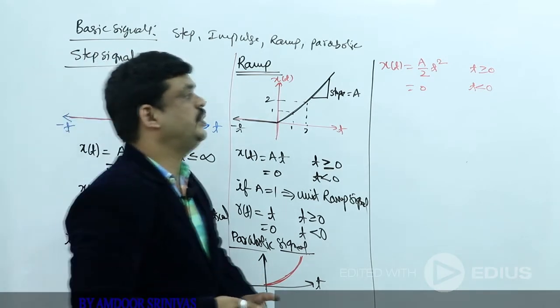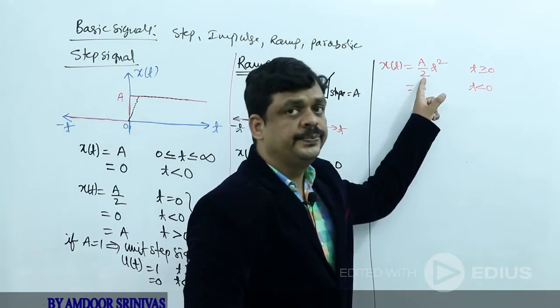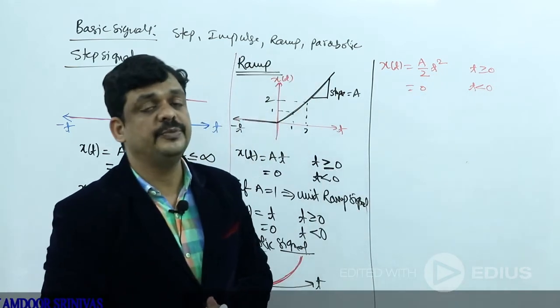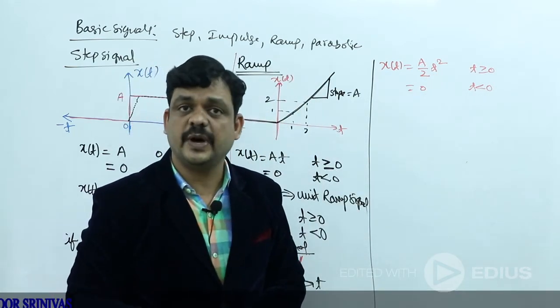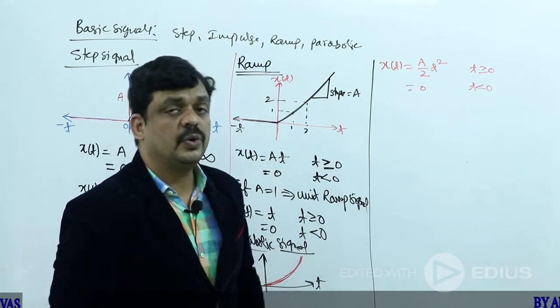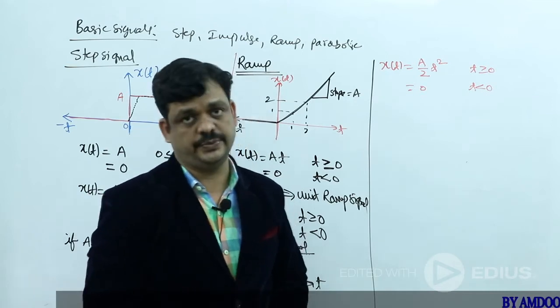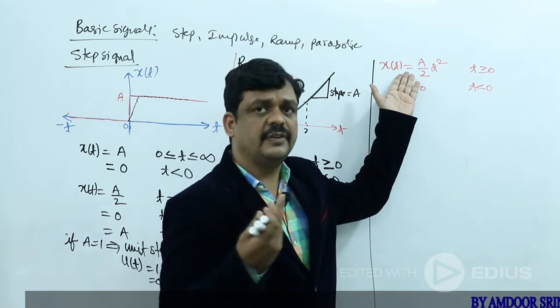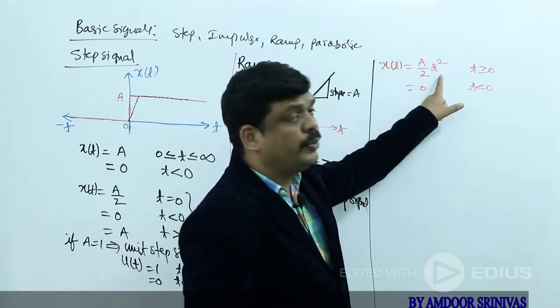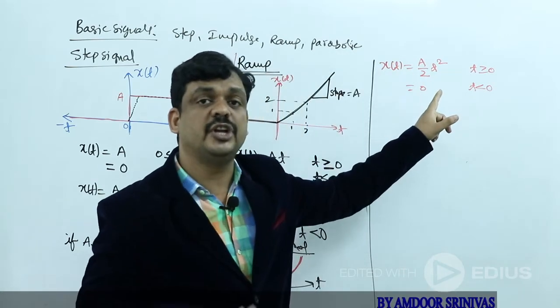Here I wrote a by 2 because if you differentiate t square, it becomes 2 into t. To cancel the 2, I wrote the constant as a by 2. Otherwise you can write some other constant value here, right? But the complete function is directly proportional to which function? The t square function, not t.